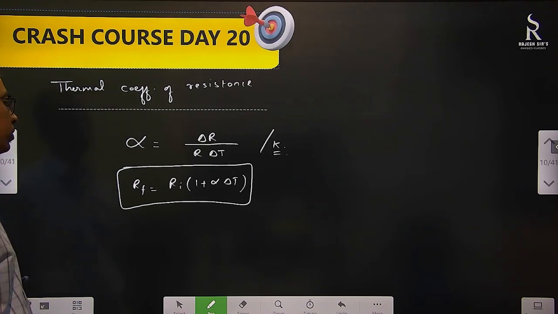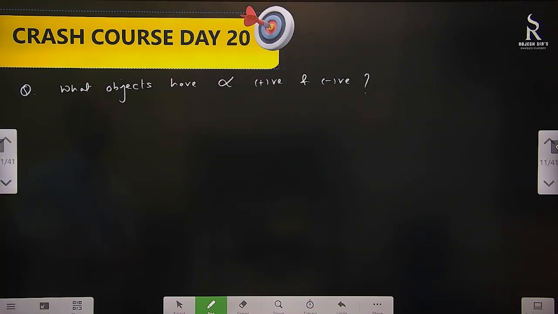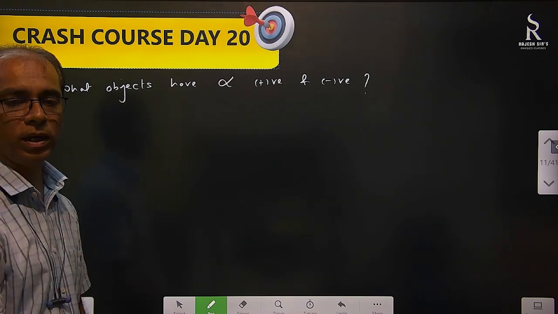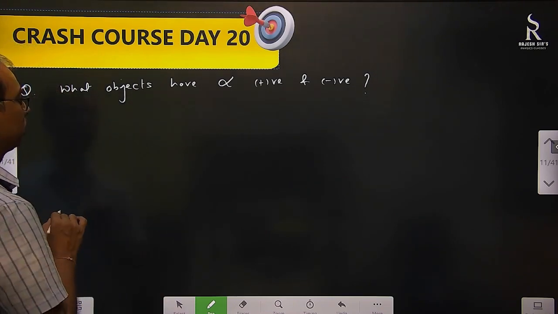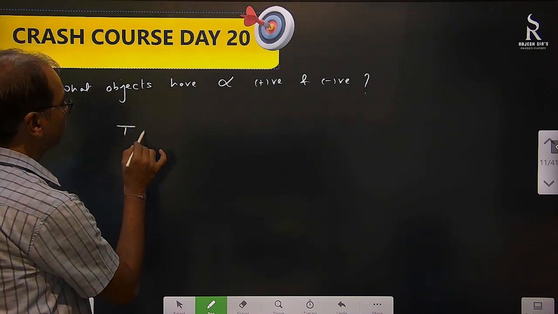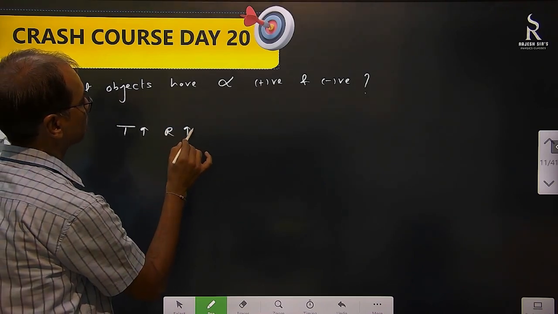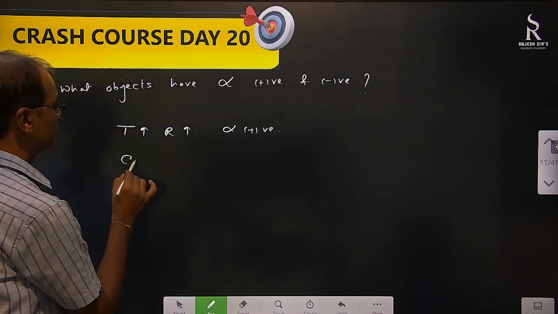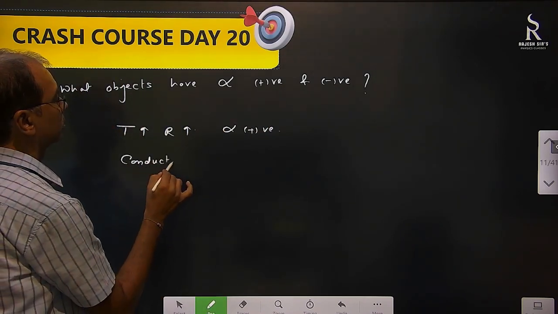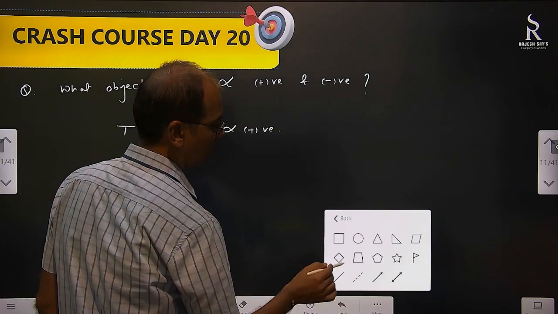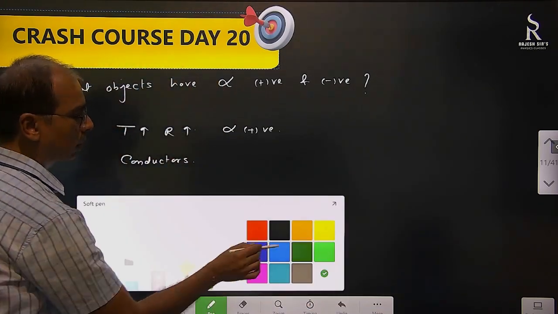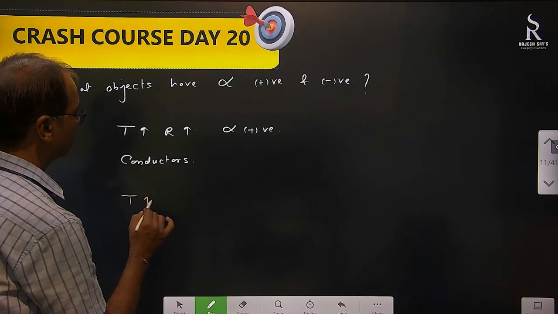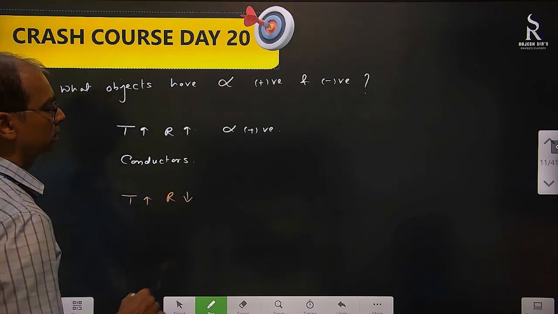Okay. Let's see, a few questions we'll solve. What objects have alpha positive and negative? Before that we should know what objects will have alpha positive and negative. Those objects which, on increasing the temperature, the resistance increases, alpha is positive. Now the question is, what are those objects? Conductors. Then which ones will have alpha negative? When on increasing the temperature, resistance goes down, their alpha is negative.